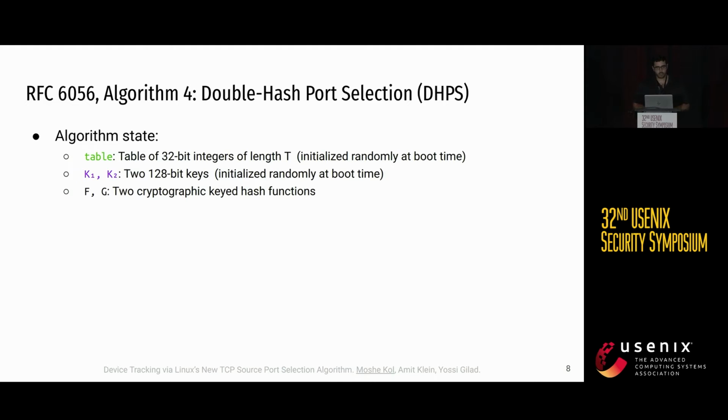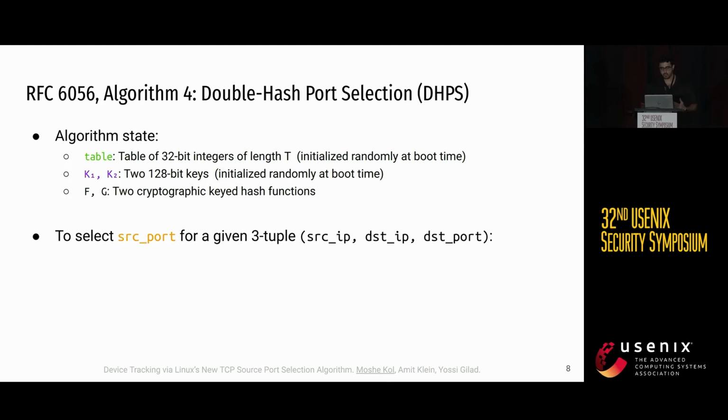And we have 2 cryptographic keyed hash functions, F and G, that use these keys. So given a 3-tuple, a source IP, destination IP, and destination port, the DHPS algorithm first selects a counter. It does this by hashing the input 3-tuple with the G hash function and the key K2 to produce an index into the table.